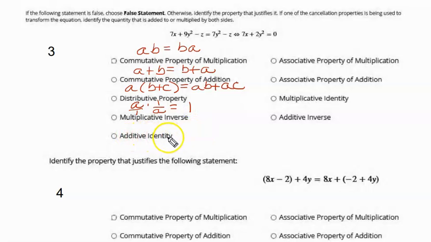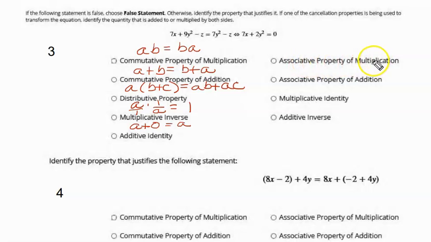The additive identity. That is, we can add anything to A that would not change its value. And the only thing we can add that doesn't change its value is 0. So anything plus 0 is still what it was originally.